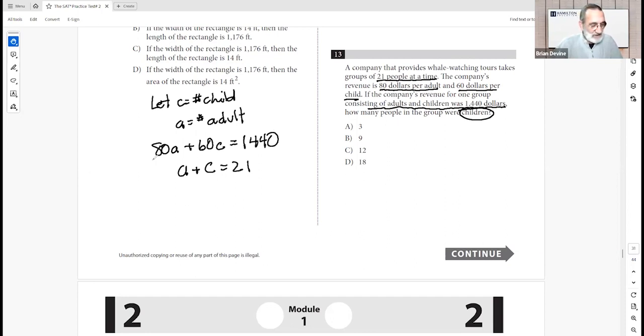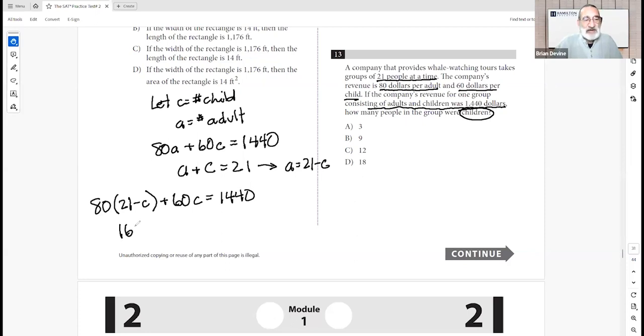I can use any method here. The previous one I used substitution, so I'll do that again because it's pretty easy to do. This tells me that A would be 21 minus C. And so I can just plug that in for A in the previous equation. So 80 times (21 minus C), which is A, plus 60C has to be 1440.